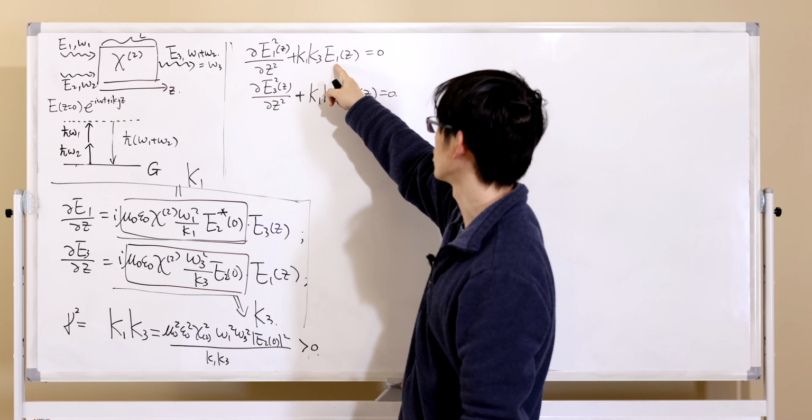So the solution is i square root of K3 divided by K1, times E1(0) sine gamma z. Okay, sine gamma z. So this is the complete solution for sum frequency generation. Any questions here?